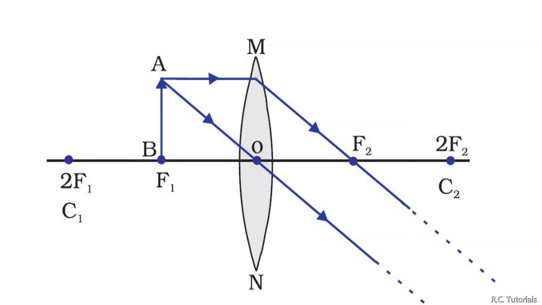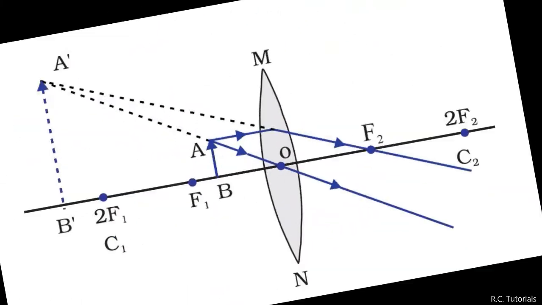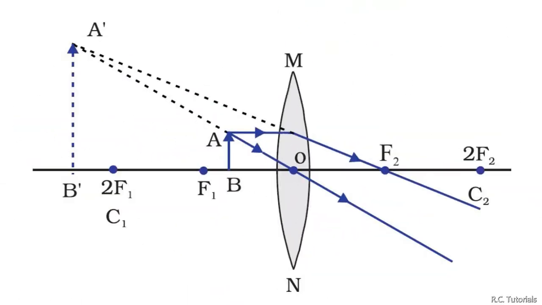The next case is when the object is between focus f1 and optical center O. When the object is between focus and optical center in the front side, then one ray will go parallel to the principal axis and passes through focus, and the other ray will go through the optical center of the lens.